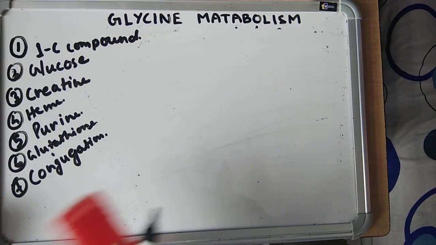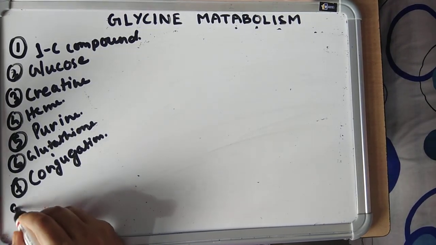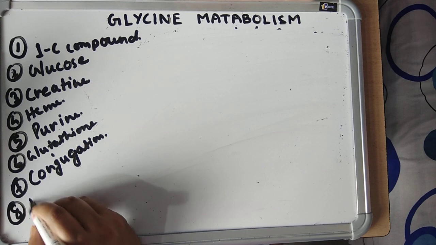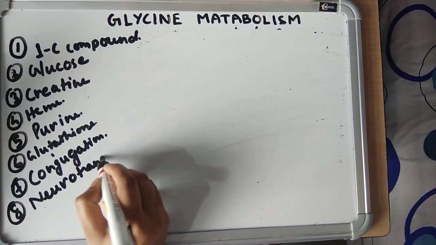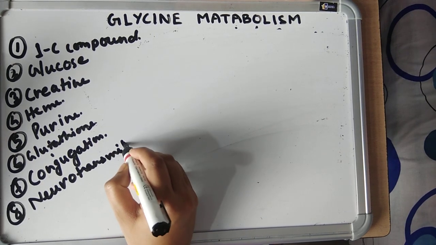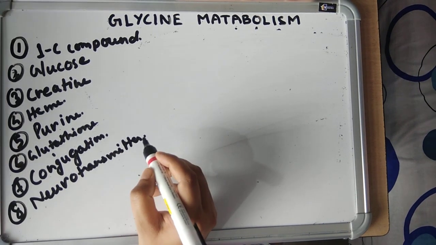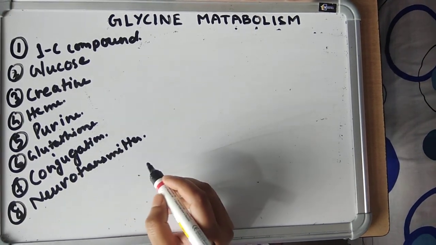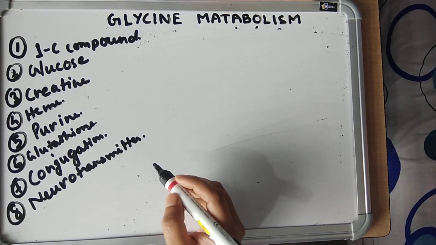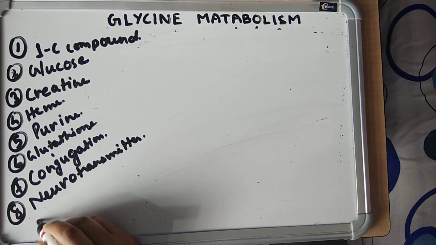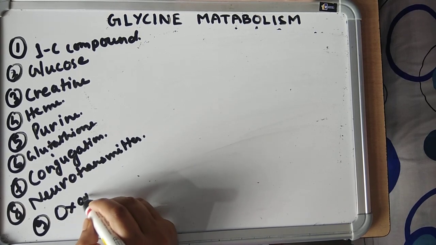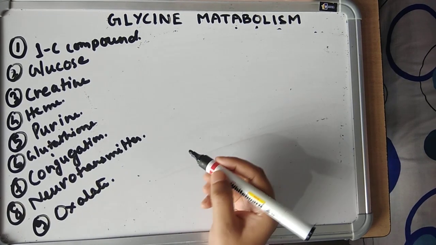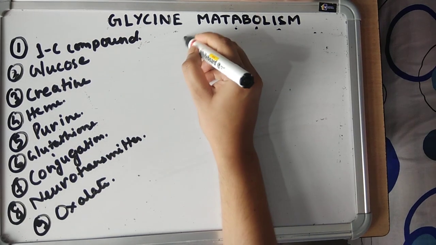Next, glycine acts as a neurotransmitter. It is present in brainstem and spinal cord, and it opens chloride specific channels. Number 9, it forms oxalate. So how does it form oxalate?